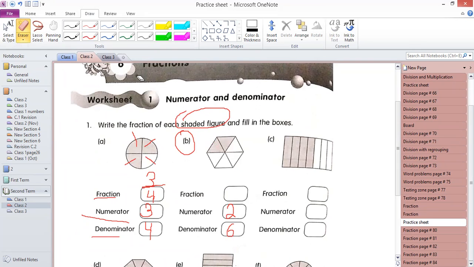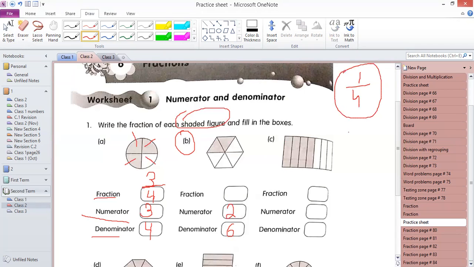When you know the numerator and the denominator, it's very easy to write the fraction. Write numerator up and denominator down. I'll take one student who will tell me the fraction. Muhammad Saleh, can you tell me the fraction? What fraction should I write here? What number should I write up?